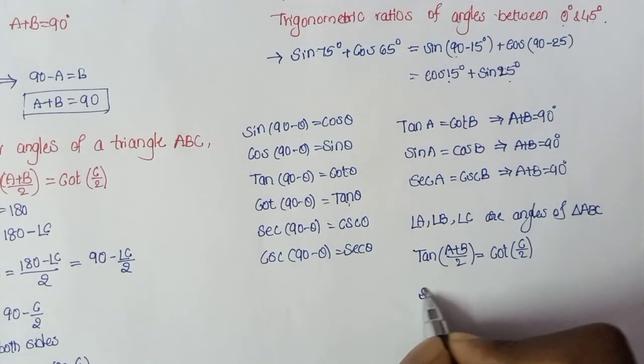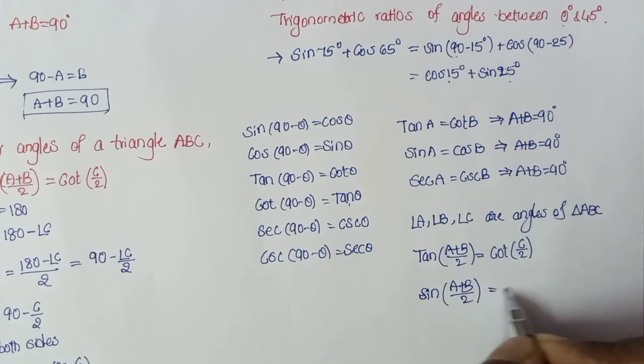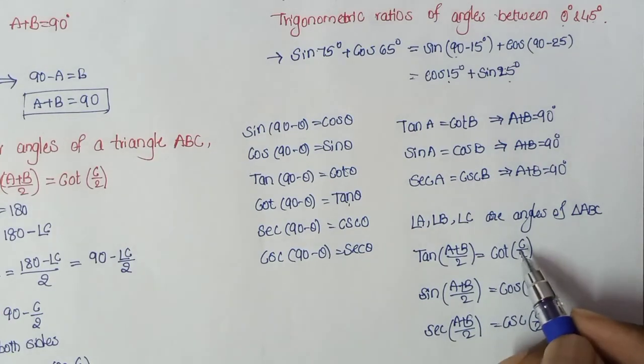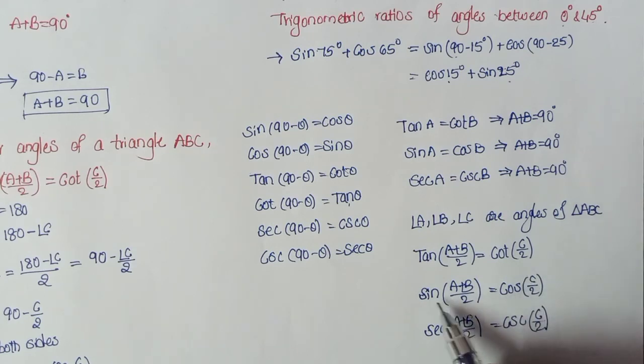Similarly, sin of (A plus B) by 2 is cos C by 2, and sec of (A plus B) by 2 is cosec C by 2. Similarly, cot of (A plus B) by 2 is tan C by 2, cos of (A plus B) by 2 is sin C by 2, and cosec of (A plus B) by 2 is sec C by 2. This is the conclusion we can make here.